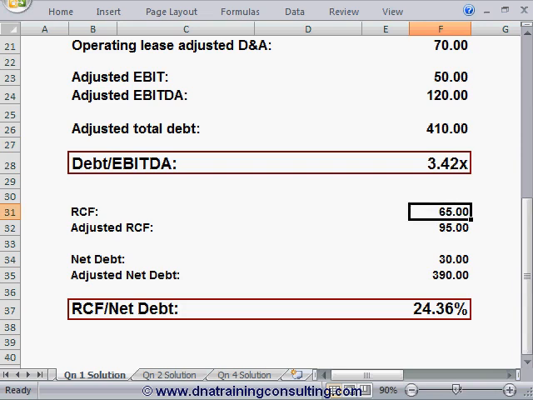In cell F32, the adjustment of RCF through the addition of 2/3 of operating rentals. And finally, in cell F34, the use of net debt rather than gross debt via the subtraction of cash and cash equivalents.